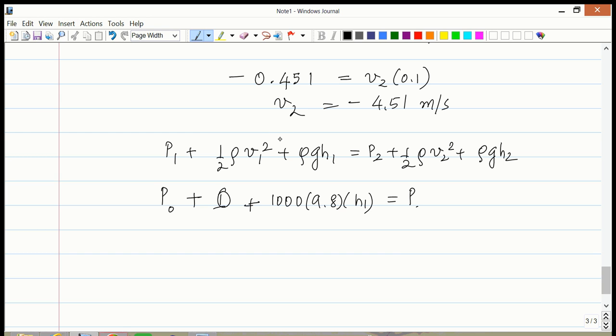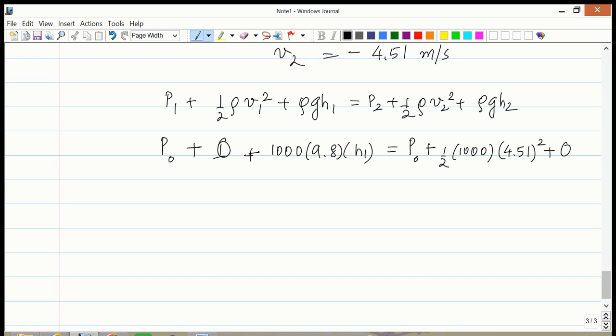Okay, and at the hole the pressure once again is the atmospheric pressure because that's what it's exposed to, plus 1/2 times 1,000 times 4.51 square, plus we'll take the height of the hole to be 0, so this becomes 0. So then we can measure h, rather h1, from the height of the hole. The pressure cancels out, and what we are left with is 1,000 times 9.8 times h1, which we call h, is equal to half of 1,000 times 4.51 square.